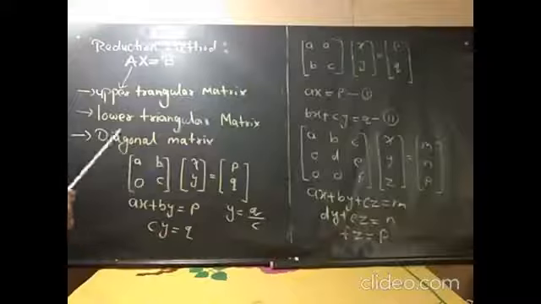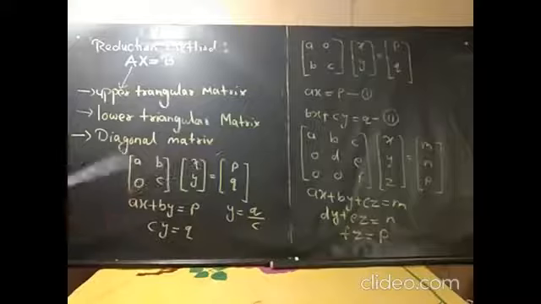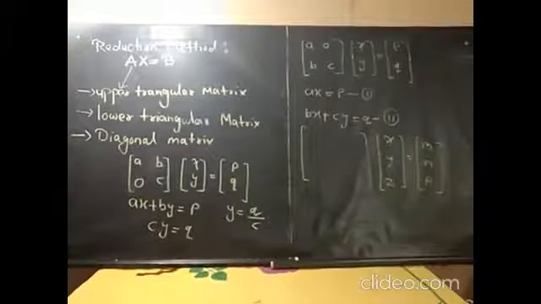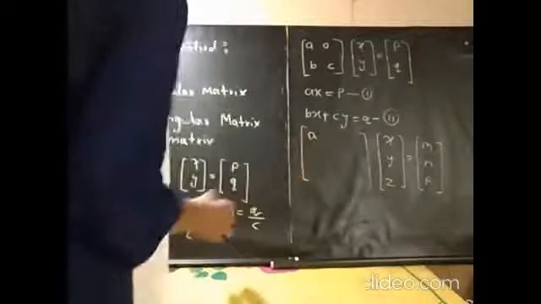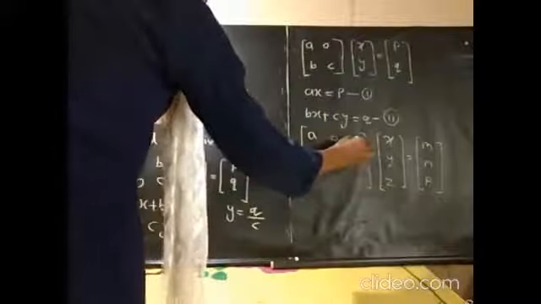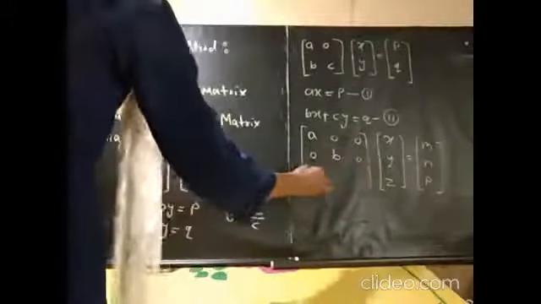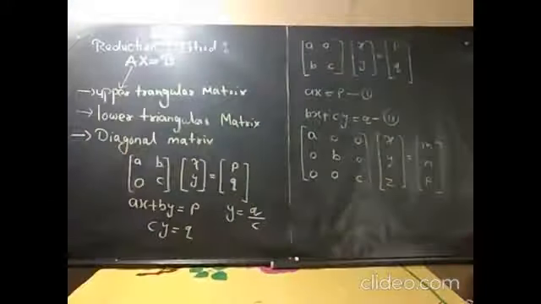Now, suppose you can convert it into a diagonal matrix. There are three choices: upper triangular, lower triangular and diagonal matrix also. I am making a change in this one only. So, diagonal matrix means suppose number A is there, and the rest should be 0, 0, 0. Suppose it is B over here, 0, 0, 0. Suppose it is C. It's very easy. Which value will you get first, X, Y or Z?